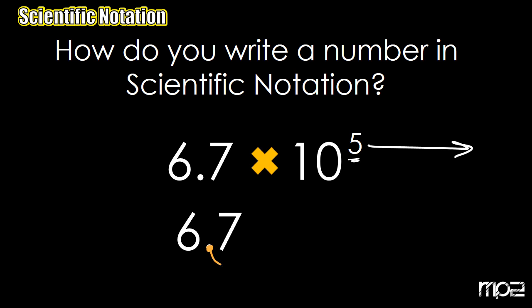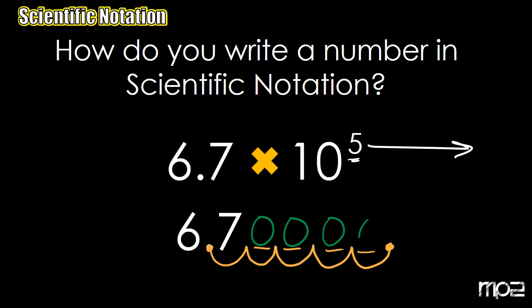So here we go. Let's move it 1. We're moving it 2. We're moving it 3. We're moving it 4. And we're going to move it 5. And I'm going to put my new decimal. And you notice that I have some blanks here. And so I'm going to fill those in with zeros. So this number in standard form is actually 670,000.